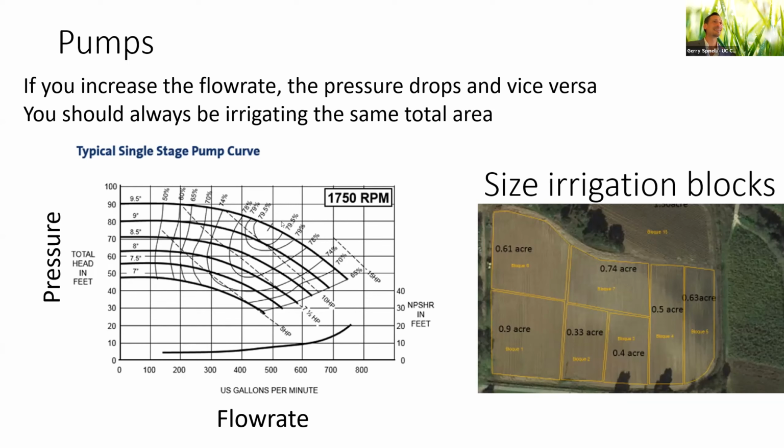And you can conceptualize this if you think about pressure in terms of how many floors in a building you can go up, and flow rates, you can think of how many buckets full of water, these Home Depot orange buckets full of water, you can take in 10 minutes.